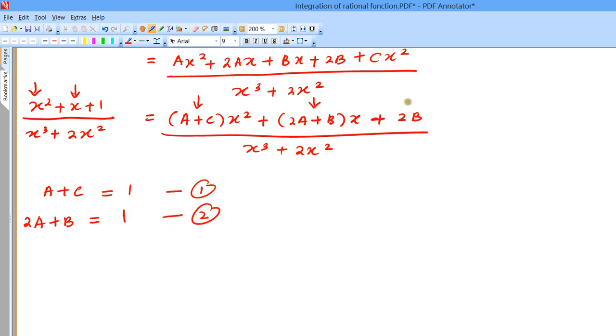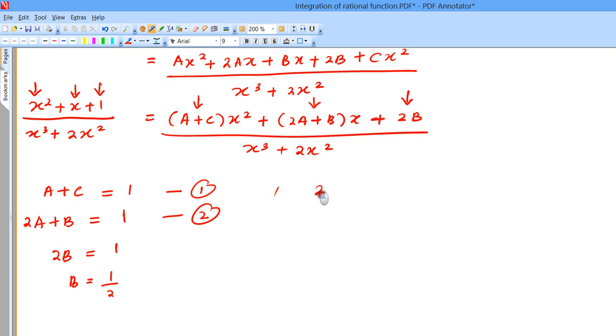And lastly we have 2B as the constant, so 2B equals the left hand side constant, 1, or B equals 1/2. And then to find the values of A and C, we can substitute the value of 1/2 into equations number 1 and 2.